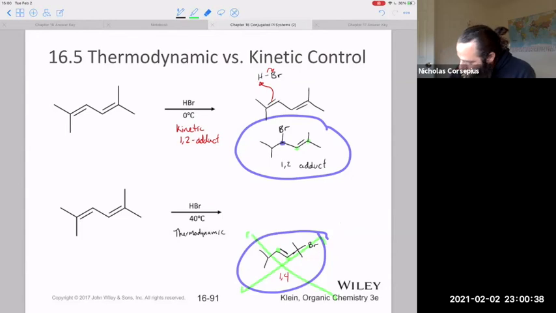So you're not going to get the 1,4, you're going to get, again, that 1,2. In this case, the 1,2 adduct is both the thermodynamic and the kinetic product. So it would be the product of this reaction, whether it takes place at 0 degrees Celsius or 40 degrees Celsius.